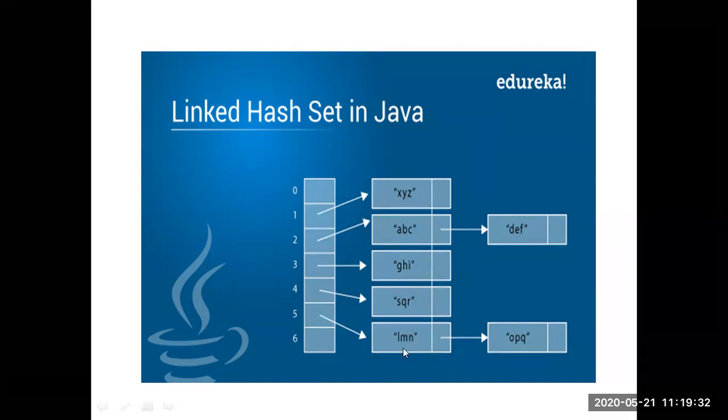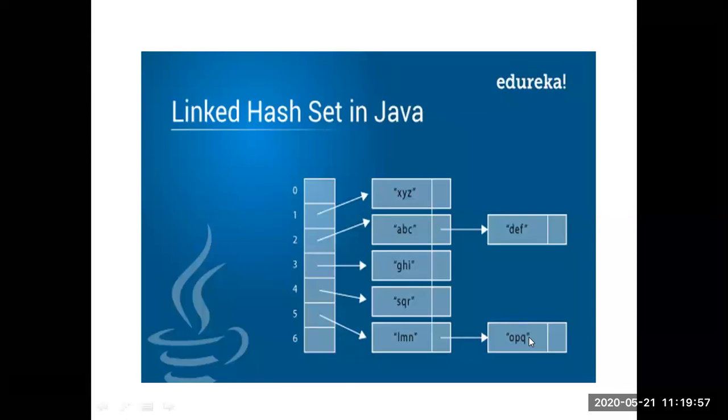Similarly, for the elements LMN and OPQ, the same bucket 5 is allocated by the hash function. Since 2 or more elements are entering into the same bucket, internally it will use the concept of linked list. That is the LinkedHashSet. Is it clear?